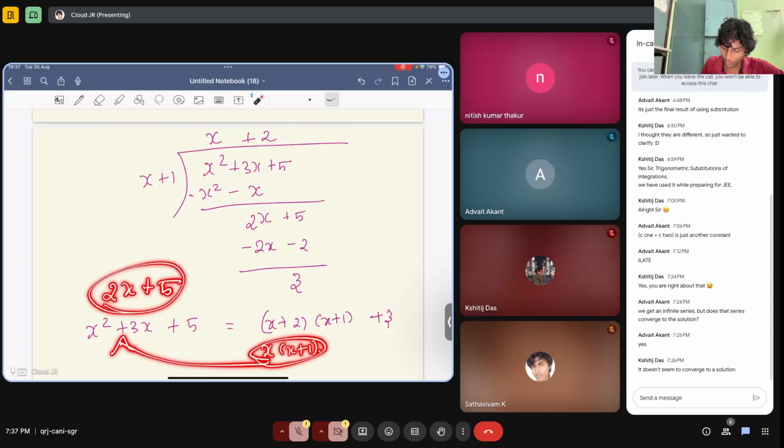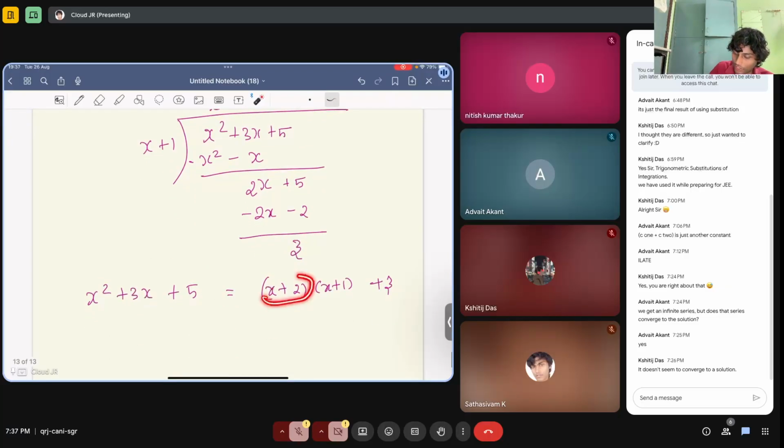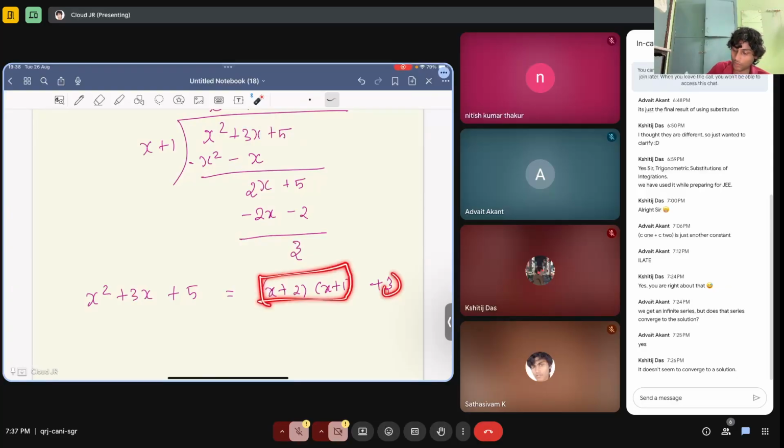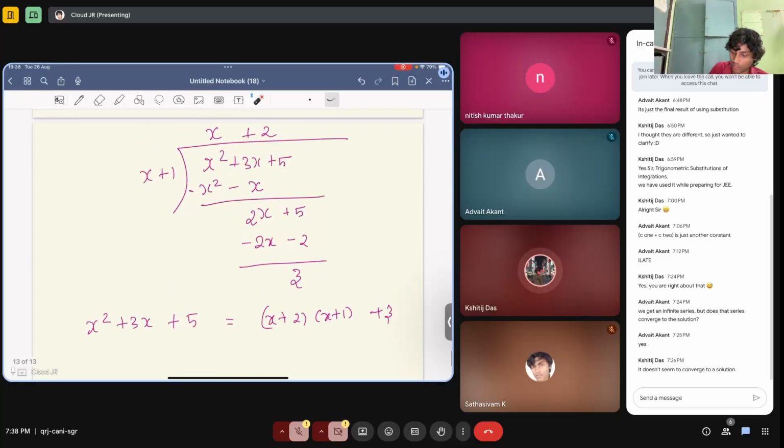Now in this 2x plus 5, I'm subtracting 2 times x plus 1, and then whatever remainder I get. Basically, I want to find some term here such that when I multiply and subtract, I will get some product of this times the remainder, right?